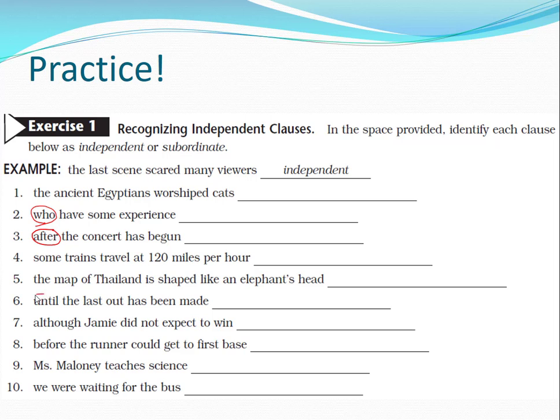If I continue, I go to number 6, and I see this word until, which is also a subordinating conjunction. Number 7 has although, also a subordinating conjunction. Number 8 has before, which is also a subordinating conjunction. And that's it. All right, so we have 2, 3, 6, 7, and 8, five clauses that start with a clause marker.